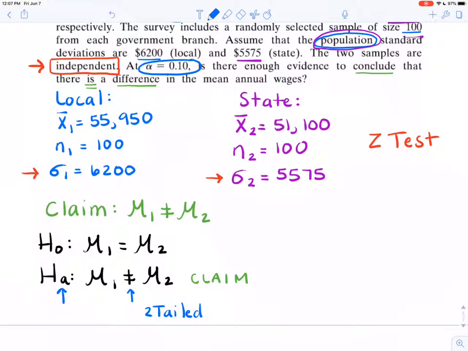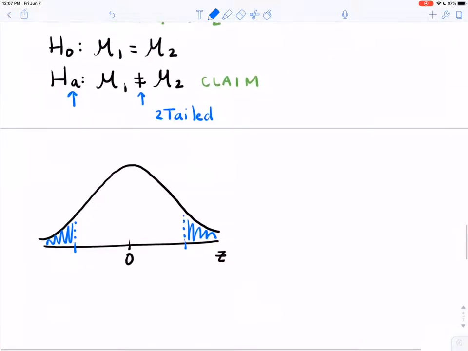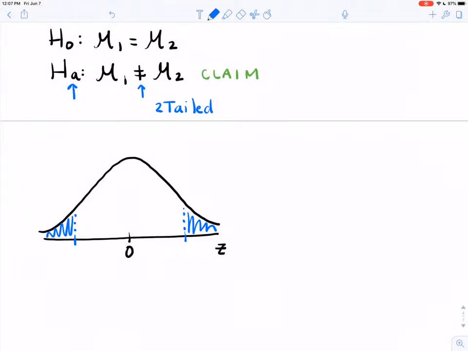Now, if it's a left or a right, then I'll use the full level of significance at 0.10. When it's a two-tailed test, because my rejection region is split, I'm going to look at alpha over 2, right? 0.10 divided by 2, which means I'm actually going to use an area of 0.05 to find my critical value.